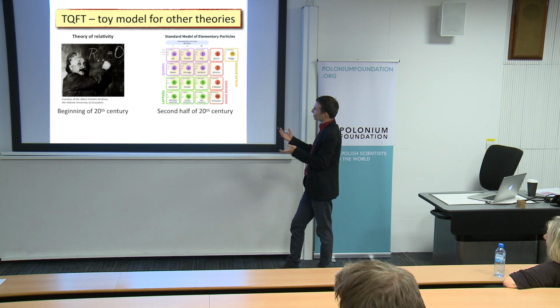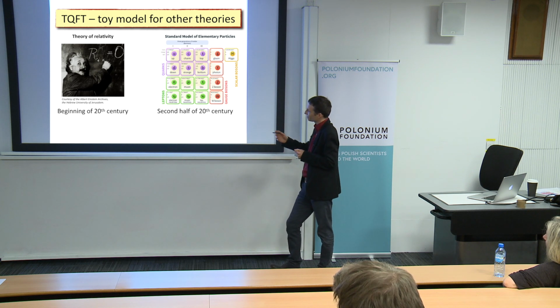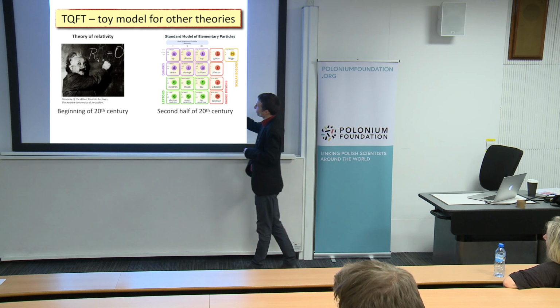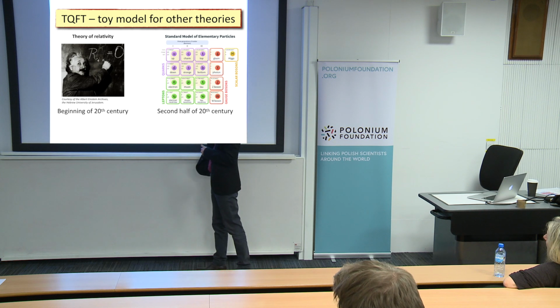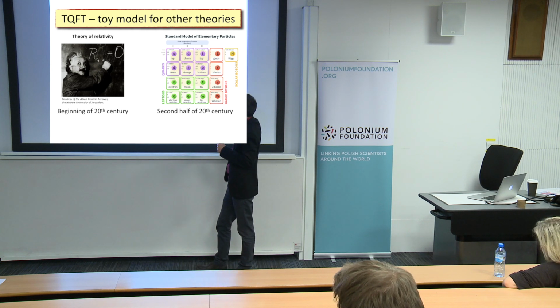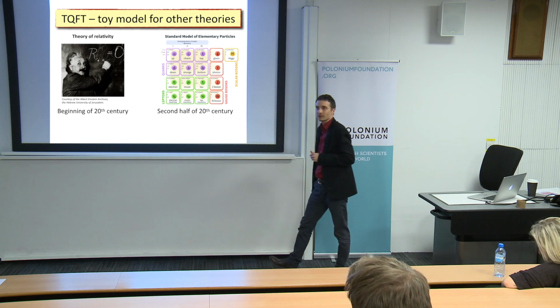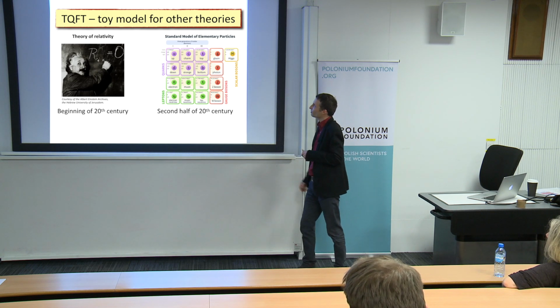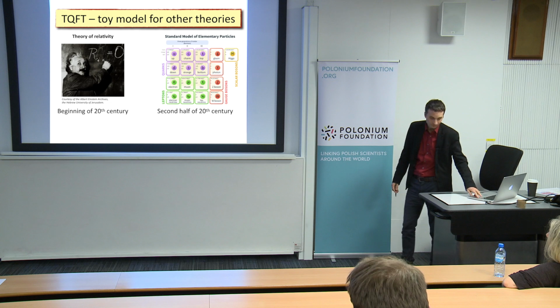So if you try to understand not necessarily particular processes which happen in nature, but the mathematical structure of these theories, then it is very useful to look at those simpler models, topological quantum field theories, and understand some phenomena which appear in those cases.